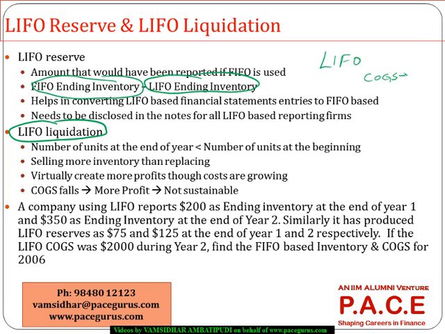So cost of goods sold is latest, but inventory is very old. Now assume the scenario that there is huge inflation. So prices are going up and we are following LIFO.